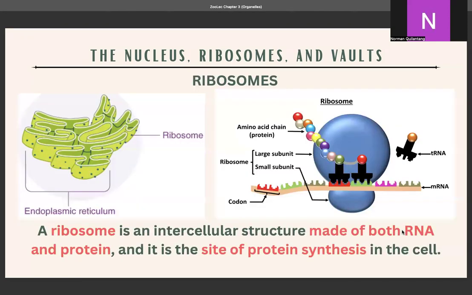And you have your ribosomes. This organelle is very important since your ribosomes are involved in the synthesis and production of protein or amino acid chains. They're usually attached to the rough endoplasmic reticulum.